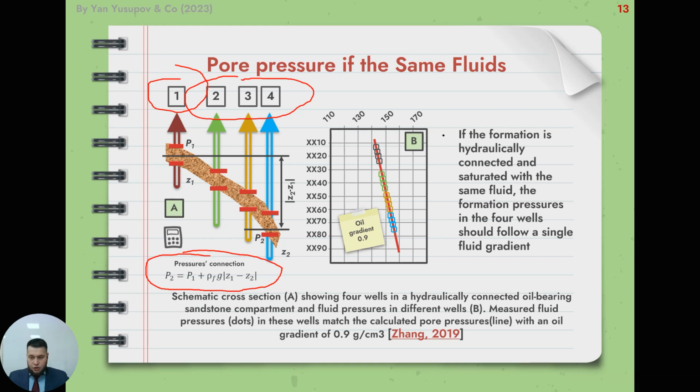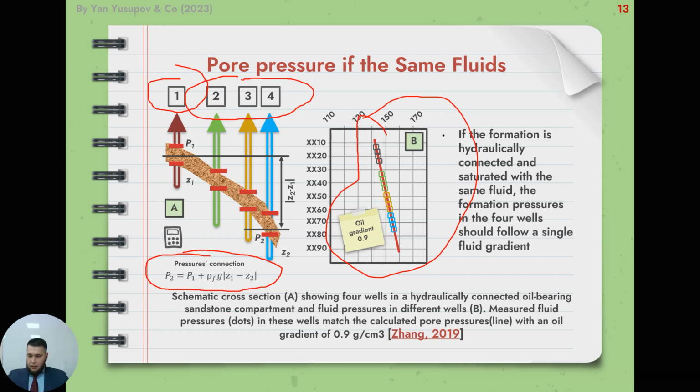If the formation is hydraulically connected and saturated with the same fluid, as in this case, the pore pressure in all 4 wells should follow a single fluid gradient. In this case, this is an oil gradient of 0.9 gram per cubic centimeter.